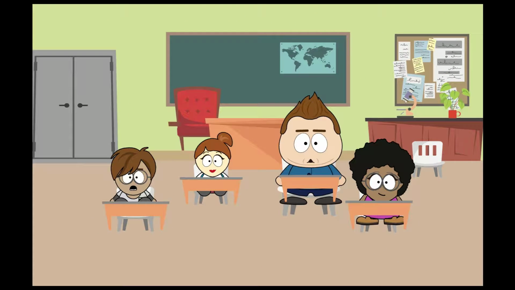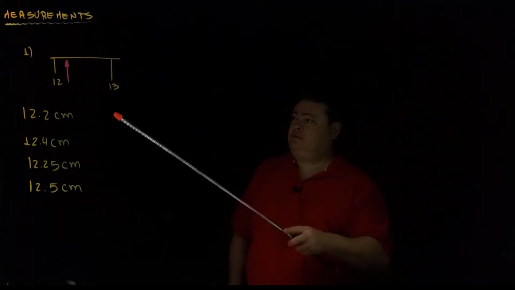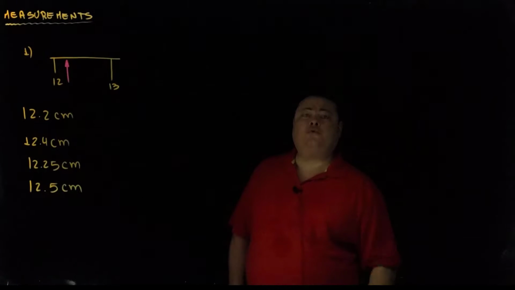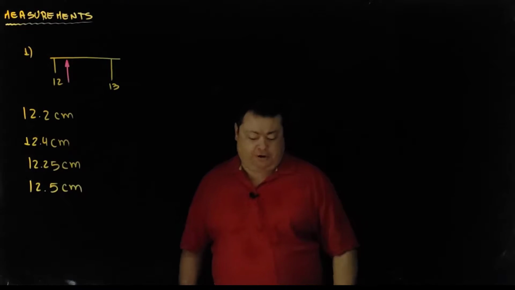Mr. Frolic, I got 12.2 centimeters. I got 12.4. Well, I think it is 12.25 centimeters. I think it is 12.5 centimeters. So I've listed here the results that you all got me, but I want to offer my own result as well.